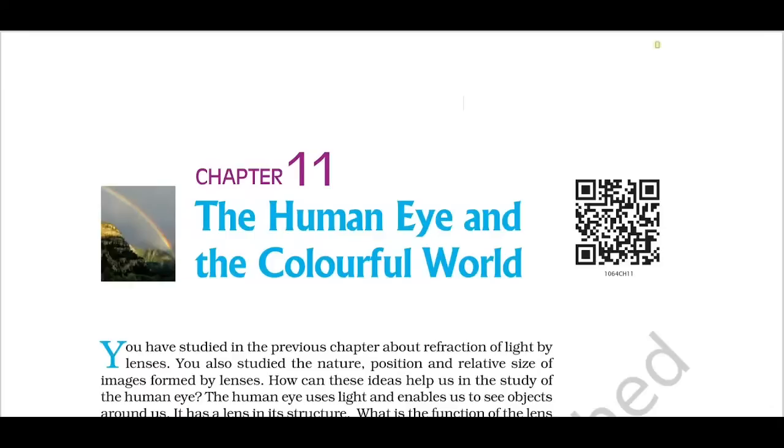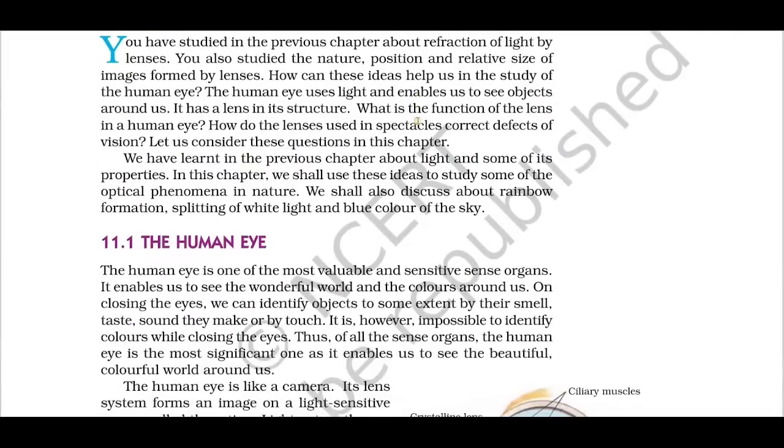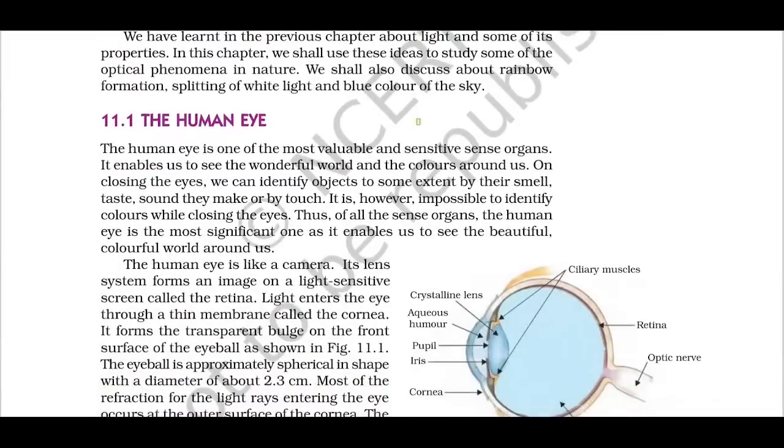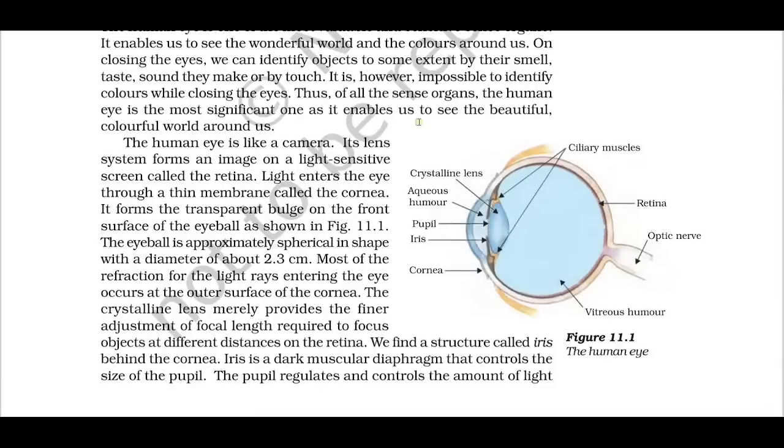Next unit, the human eye and the colorful world. A very simple chapter to score around 6 to 7 marks from this unit. The important concept in the first page that you should learn is the parts of the human eye with their functions. The light enters the eye through a thin membrane called what? Cornea. The light enters the eye through a thin membrane called the cornea.